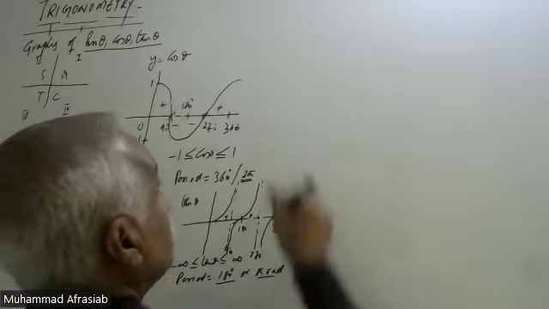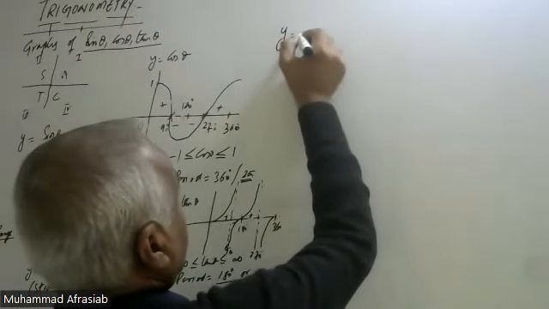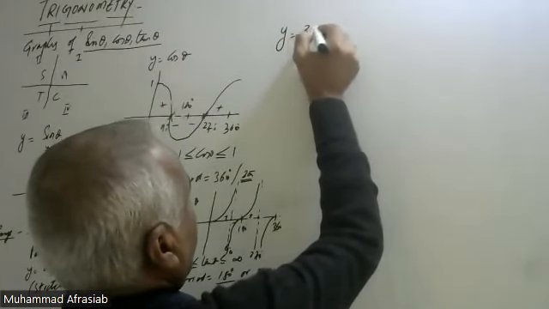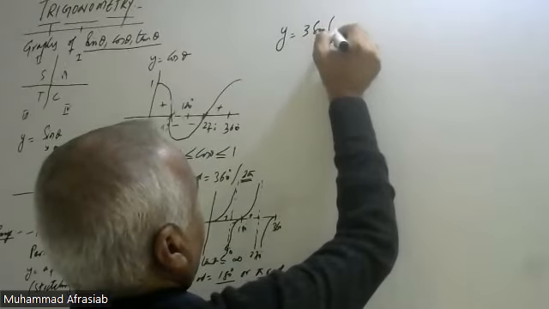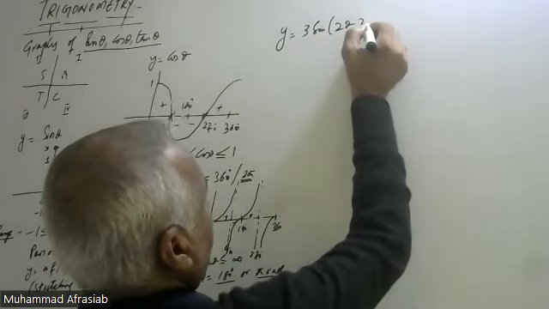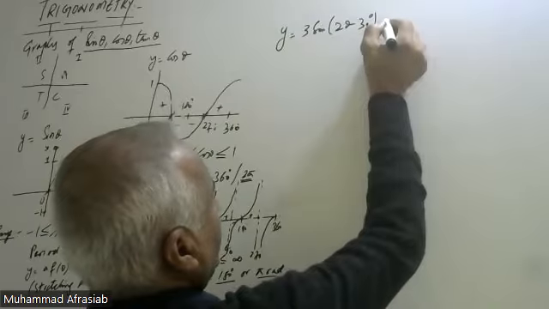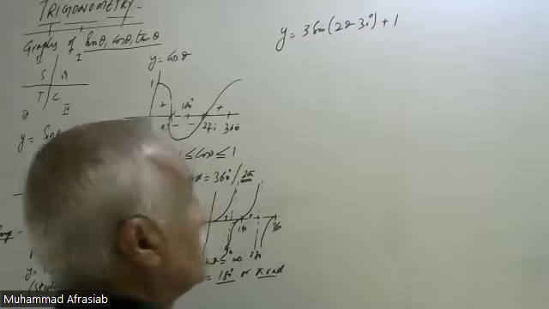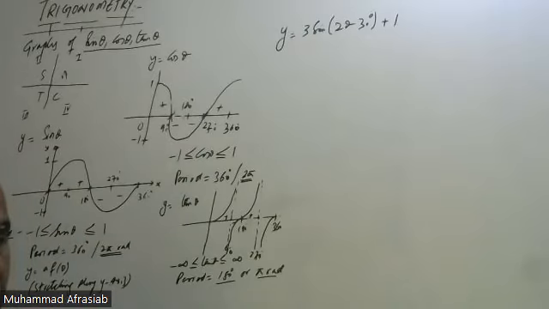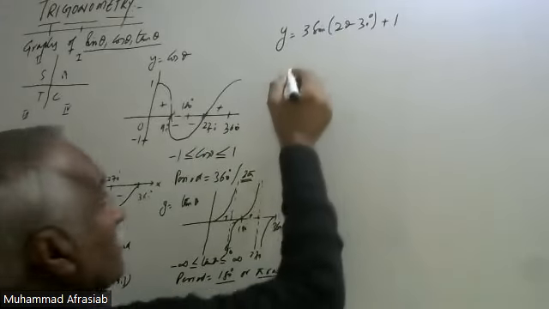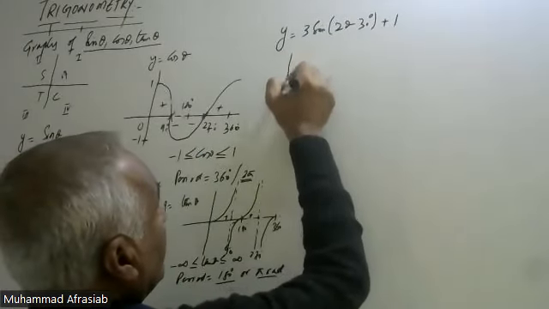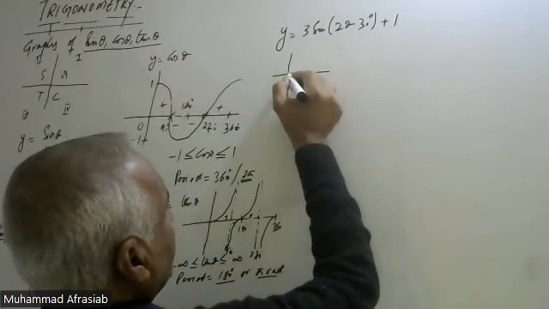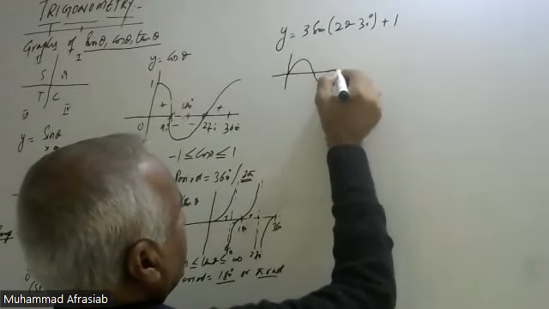y equal to 3 sine of 2 theta minus 30 degrees plus 1. For this graph, we know that sine of theta graph is this.